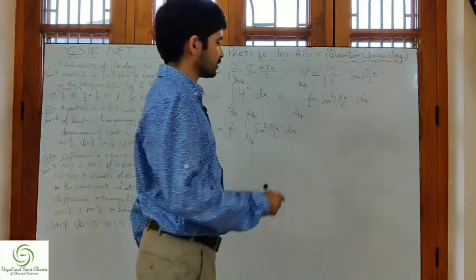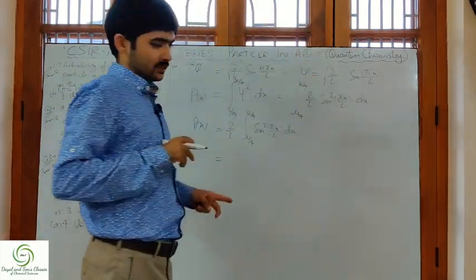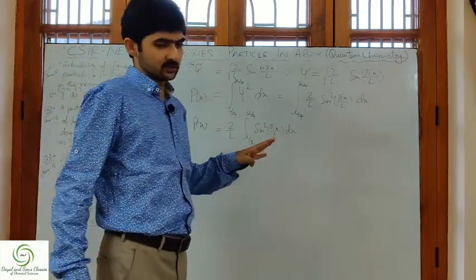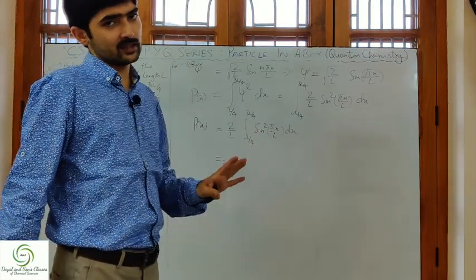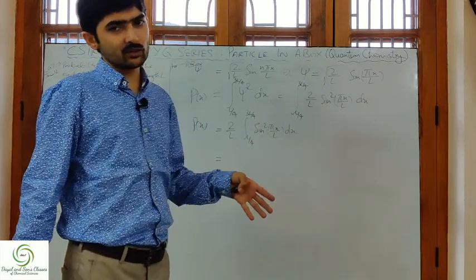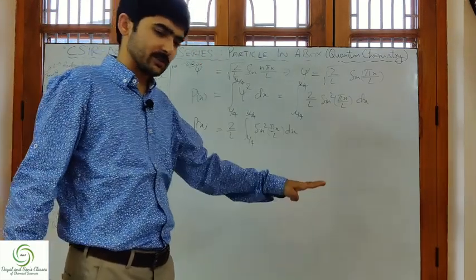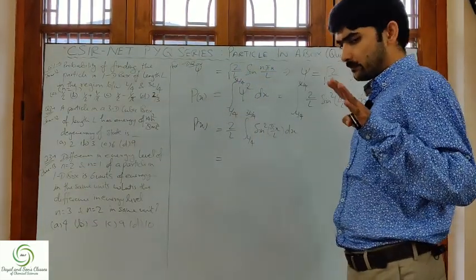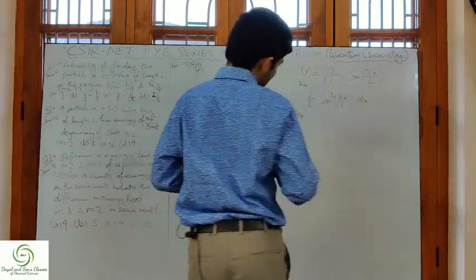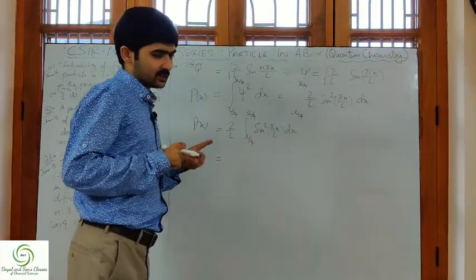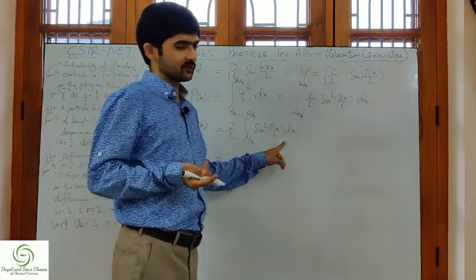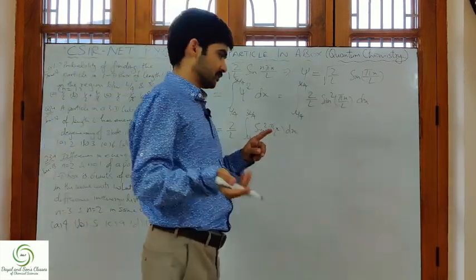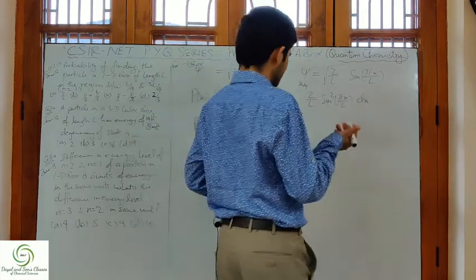I will tell you one relation you need to remember in order to find this integration. If you are a mathematical student, then you can easily solve it, but if you are not from a mathematical background, then you might have a bit of a problem in solving this integration. So I will give you the direct expression for the integration of this function. You can directly apply this in the problems whichever come in front of you.